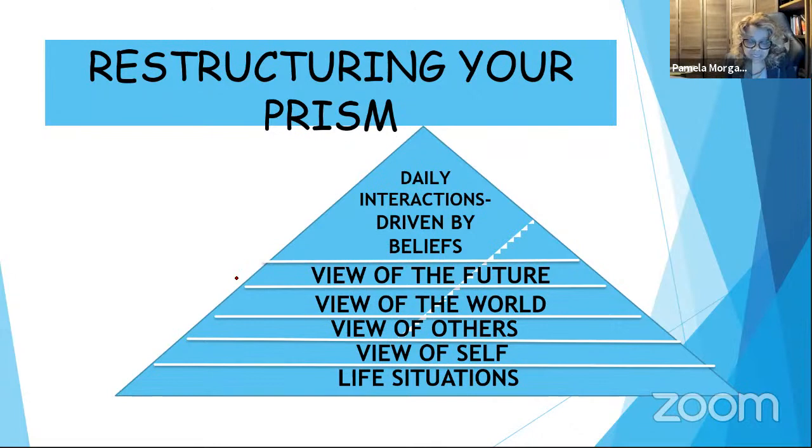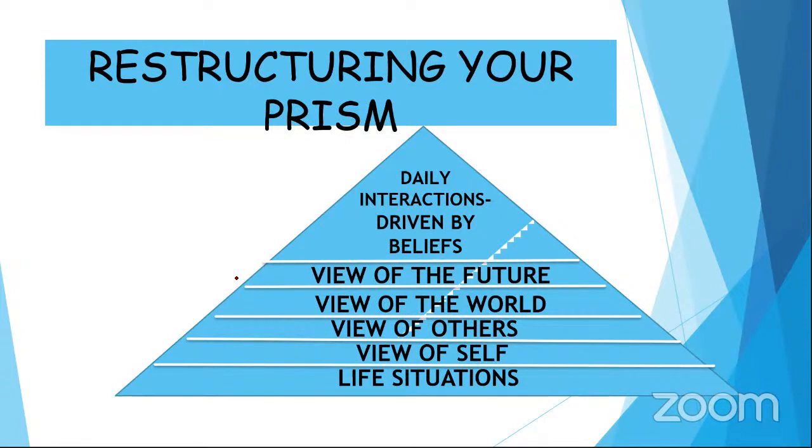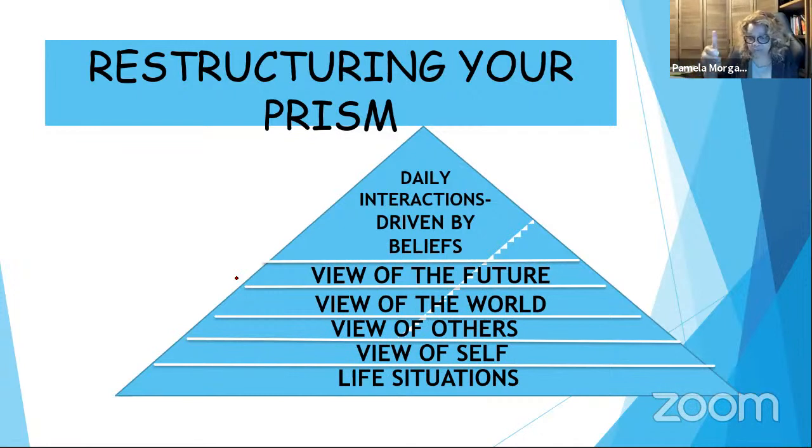A prism is almost like a filter. What passes through it is changed or refracted as a result of going through our prism. So what they present with, when we pass it through our prism of how we see ourselves, others, the world, and the future, we refract their reality and see it through our own eyes, and we may be seeing it differently than it actually is.